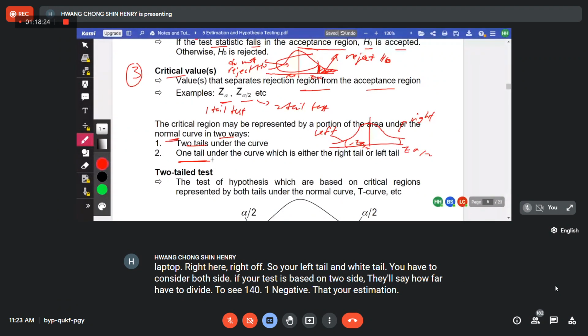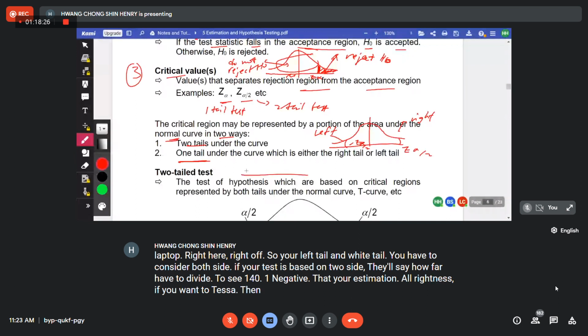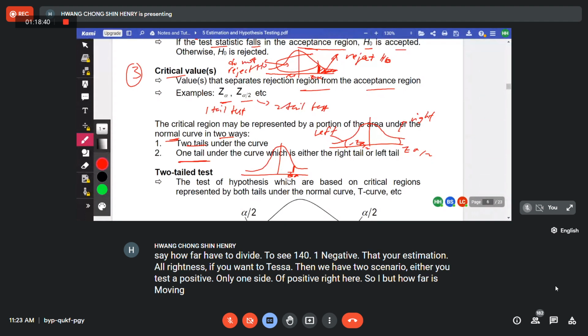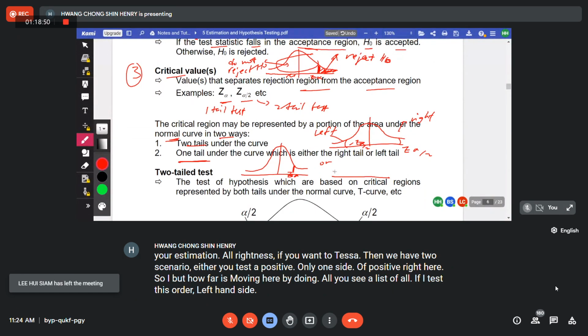If it's a 1 tail test, then we have 2 scenarios. Either you test a positive, only one side, the positive right tail. So my alpha is no need to divide by 2. Or, you see, I use the word or, if I test based on the left hand side. So we test the left hand side. I write the negative side here.